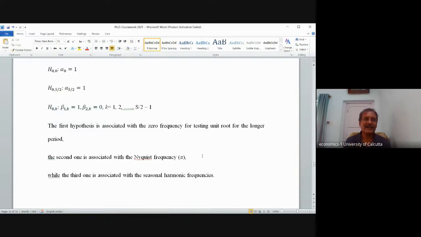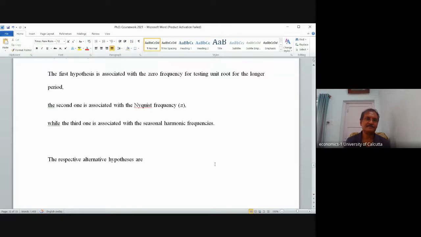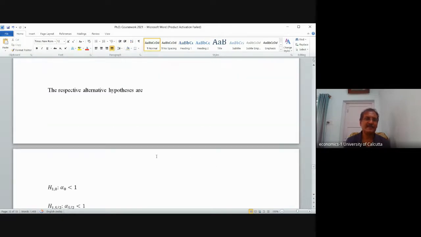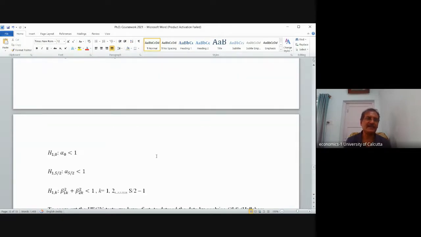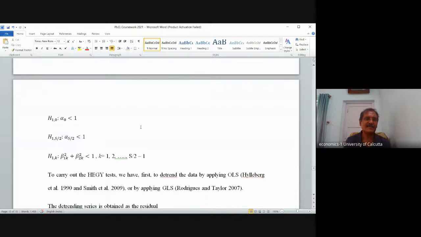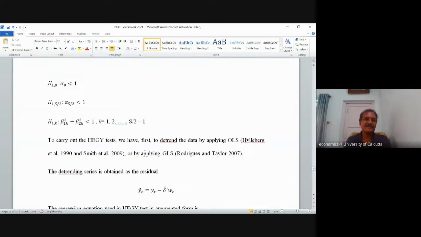So the third null hypothesis is associated with the seasonal harmonic frequencies. And the respective alternatives you can easily understand. Alpha naught less than 1, alpha S by 2 less than 1. And the third one, beta 1 K square plus beta 2 K square less than 1.